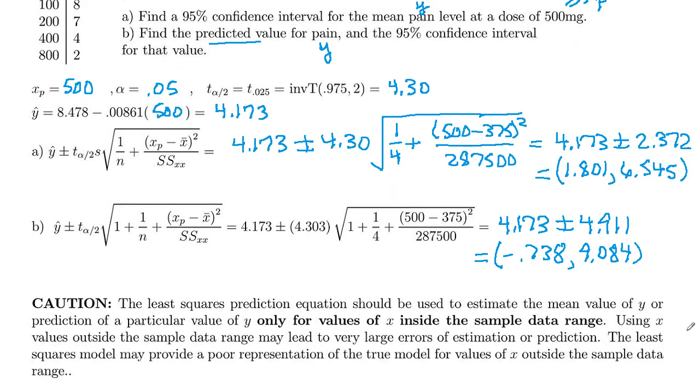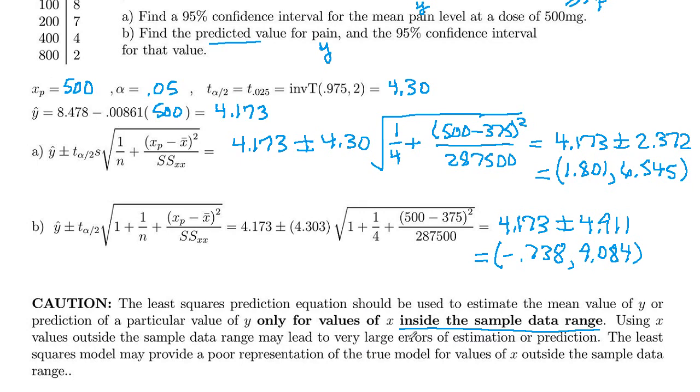And then just to caution here, our least squares prediction equation should be used to estimate the mean value of y or the prediction only for values of x that are inside the sample data range. So our 500 was inside the sample data range of 100 to 800. If you use values outside that range, you could get very large errors in your estimation or prediction.